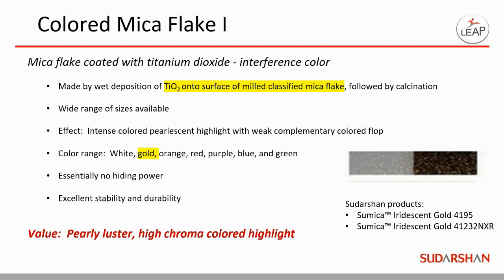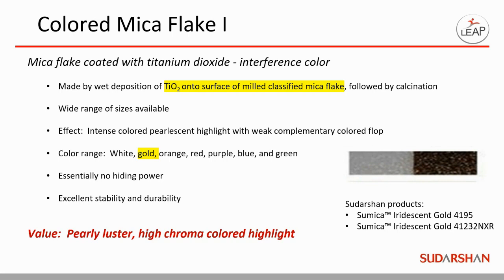The first one is the iridescence, where TiO2 is placed onto the mica flake. That gives that nice pearlescent look. However, it is going to be iridescent, so it's not going to provide much hiding aspect of it.